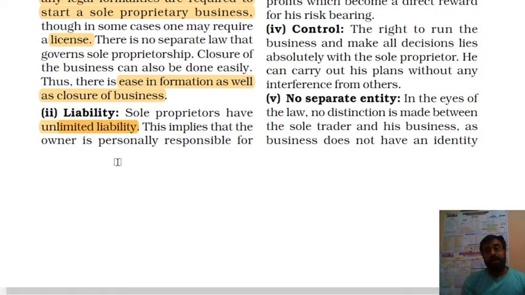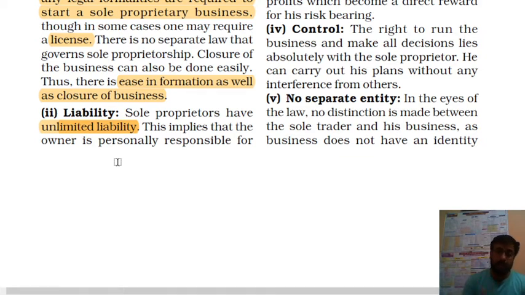Contrast it with another kind of business organization like a company. In case of companies and other organizations, which I will be discussing at a later stage, they have limited liability. It means whenever their business has fewer assets present in the business, it means they do not have sufficient assets to pay off the liability, then nobody can touch their household assets. Nobody can touch their personal assets to pay the business liability.